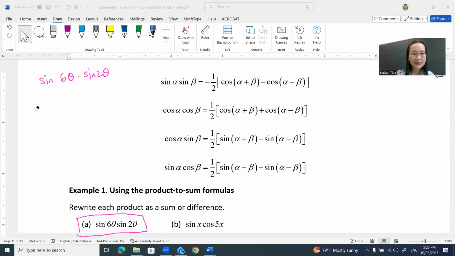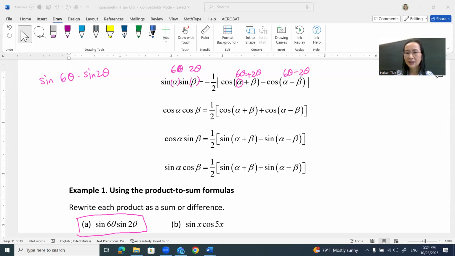Our alpha is 6 theta, beta is 2 theta. So all we need is to put 6 theta and 2 theta inside the formula.